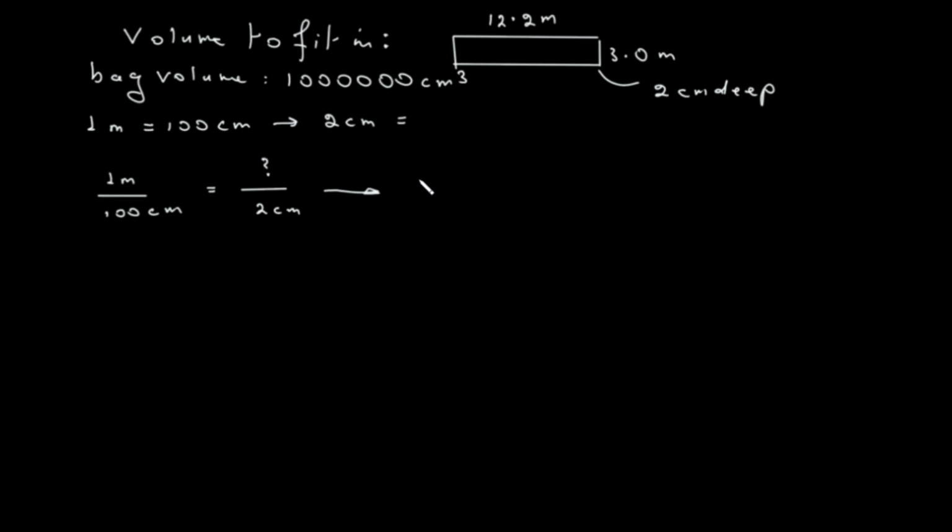So we have 100 centimeters equals question mark times 1 over 2 centimeters. Now we want that on its own, so we need to get rid of that, so this comes over to the other side.